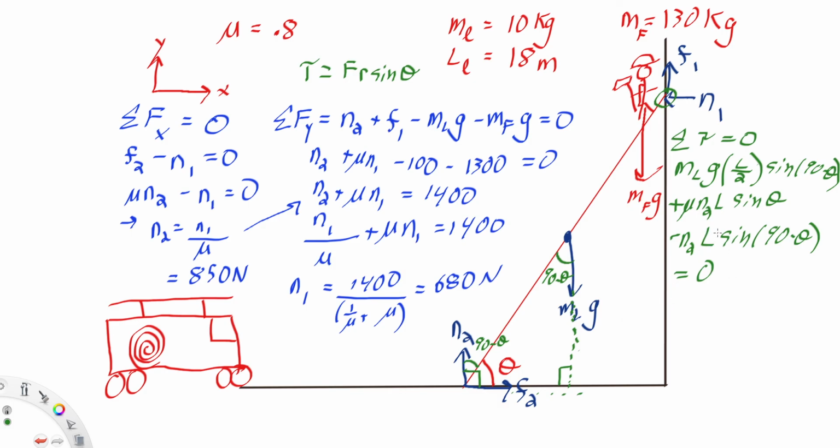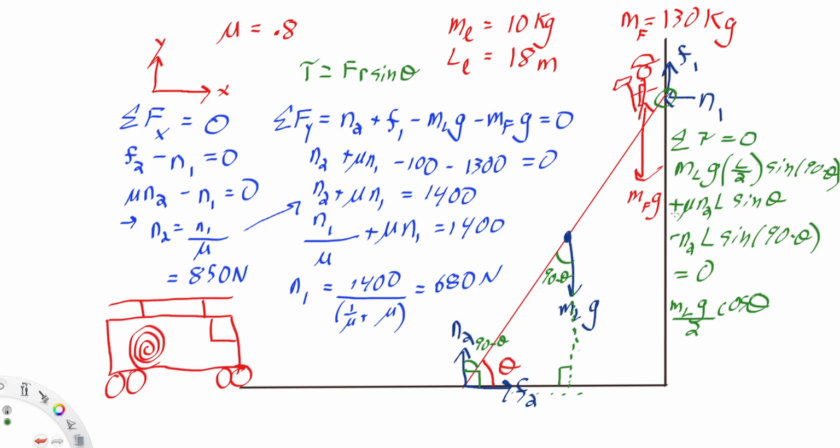So there is an L in every term on the left-hand side of this equation and a 0 on the right-hand side, so I'm going to cancel all the L's out. That leaves us with mg over 2 cosine theta plus, actually, let's do something a little clever for a moment.